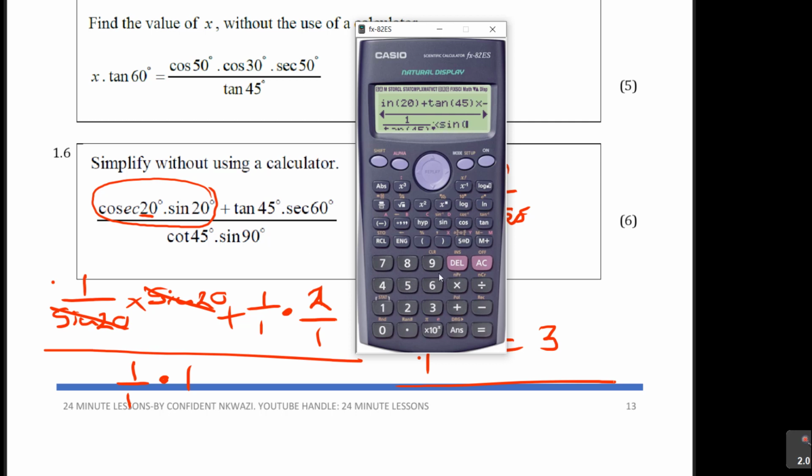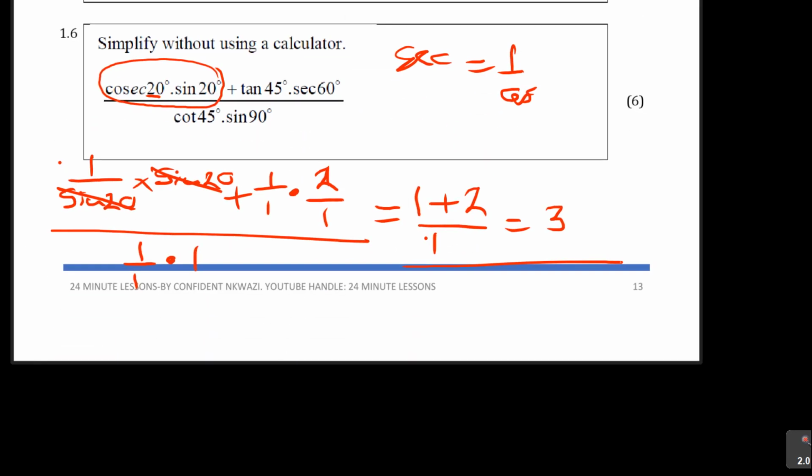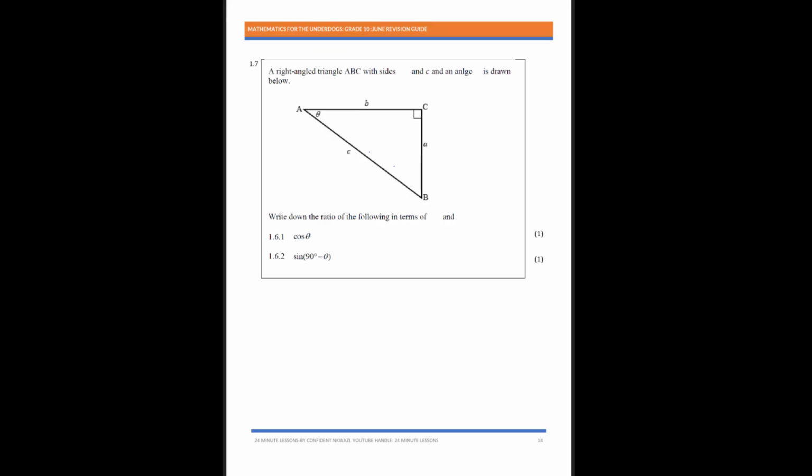Sin 90, like that, then equal to 3. Guys, you don't have to stress yourself here. So guys, that's how you work this thing out.